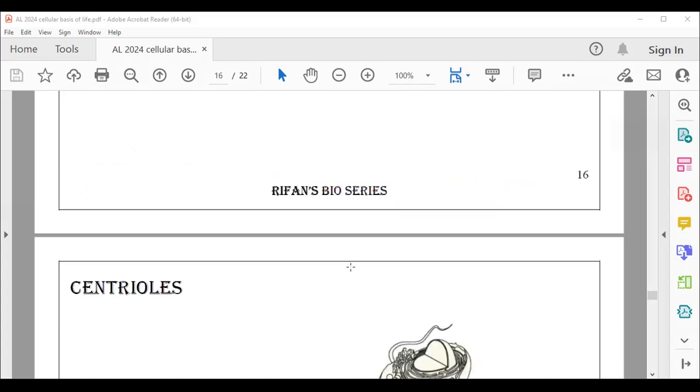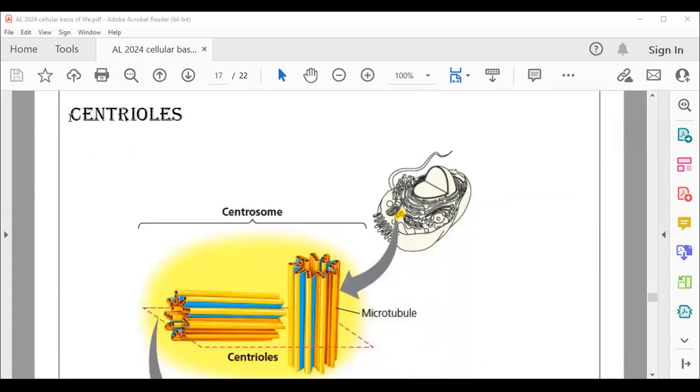We are coming to the next heading. What is the heading? Centrioles. Look at this diagram. This diagram is an animal cell.